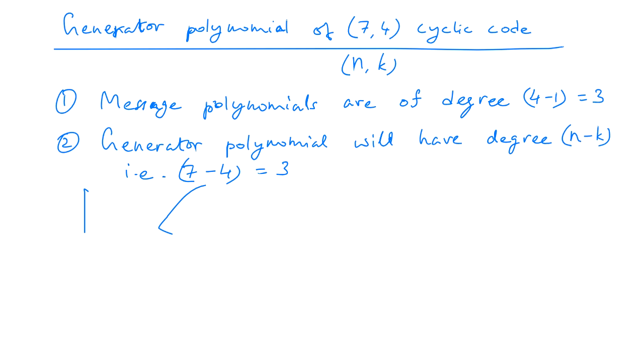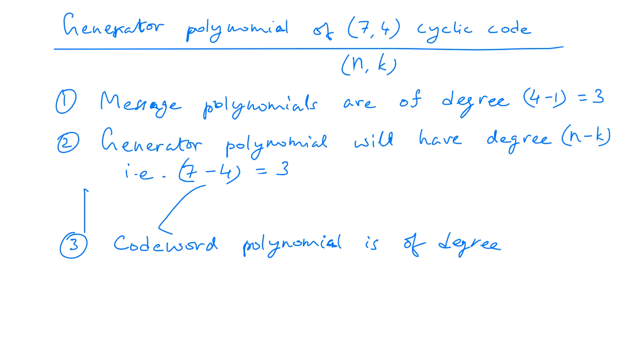And once you create the code word polynomial, it is of degree n minus 1, which is in this case 7 minus 1.